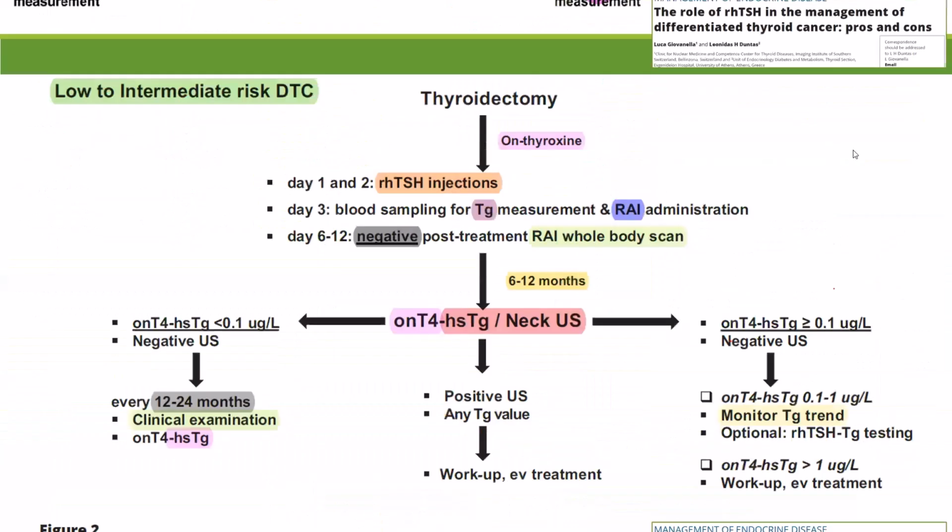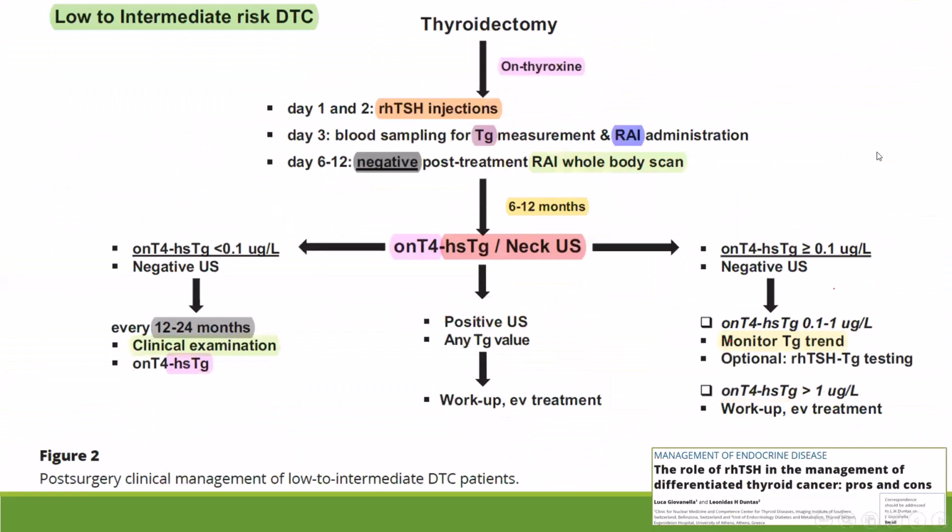How to follow up a patient with differentiated thyroid carcinoma, from the same paper, according to our risk stratification. So this algorithm is very important for following our patient of differentiated thyroid cancer after doing thyroidectomy.